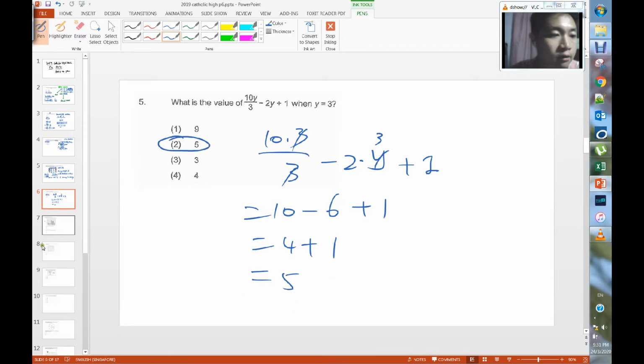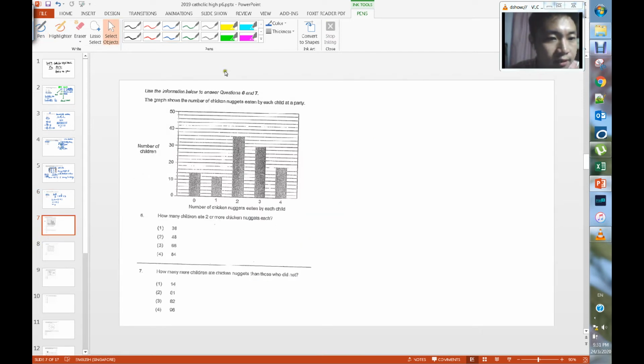Okay, very simple. Next, this question, so this is a bar chart, by the way. So you need to be able to read bar chart in primary 6. And over here, the horizontal axis represents the number of chicken nuggets eaten by each child. The vertical axis represents the number of students or number of children.